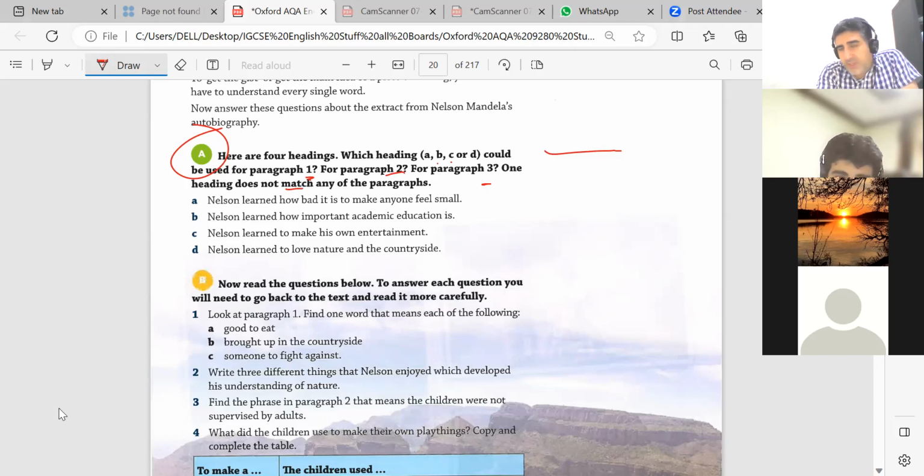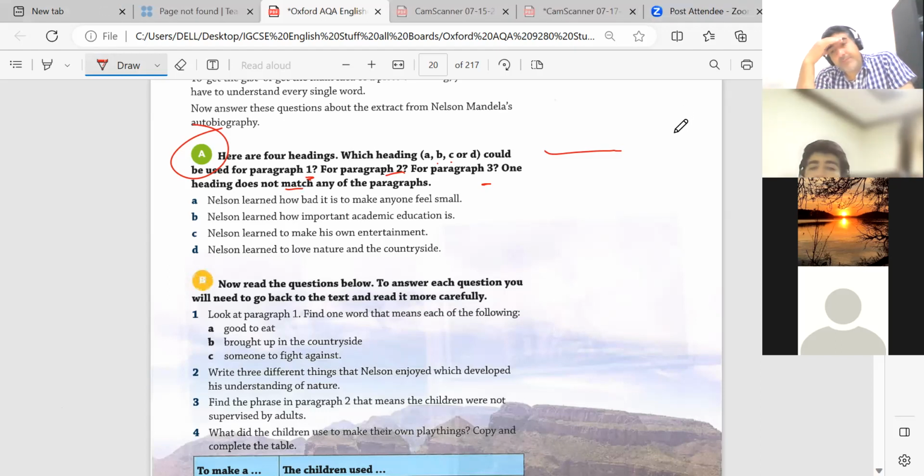So read the 4 statements, match them to the right paragraph. And which heading doesn't suit any one of them? Can you start, please? You have 3 minutes. Go ahead. Let me know once you finish, please.